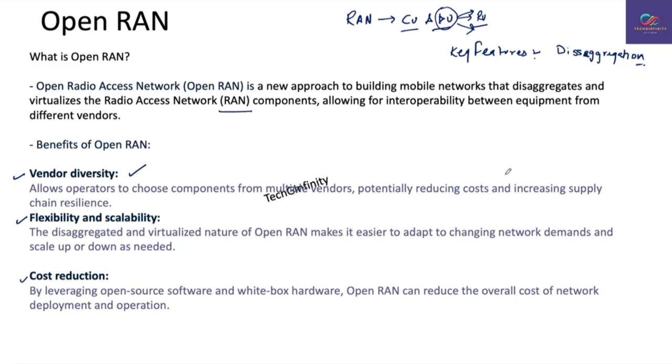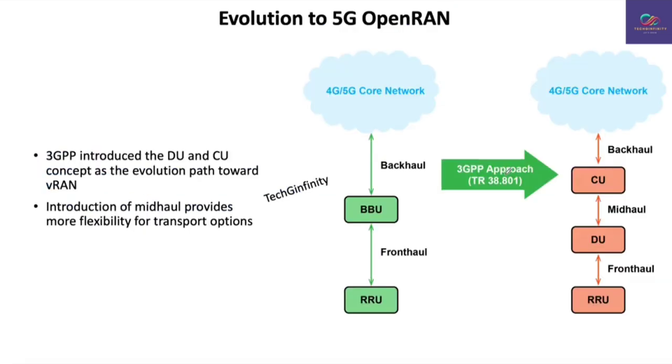Now let's move to the next slide, which talks about evolution to 5G Open RAN. The question comes in everyone's mind whether Open RAN itself is a technology or what. Yes, Open RAN is a technology, but the base technology has to be 5G, 4G, 3G, 2G, whatever you apply.